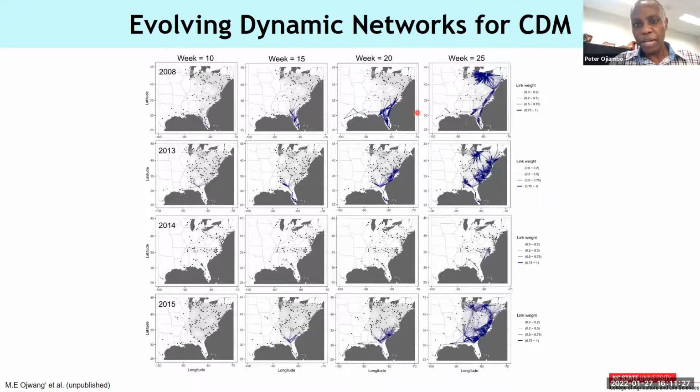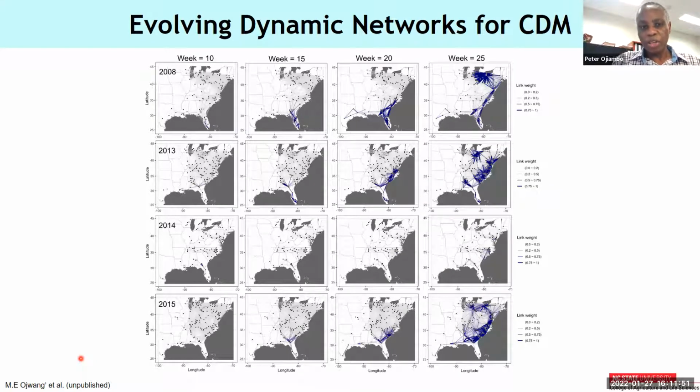So there's a little bit of variability. For example, in 2008 and 2014, there's very little happening compared to, say, 2015, where the probability was much higher. So this particular data set, where you have the longitude and latitude on the axes, helps us better visualize how the network of downy mildew looks and how it's changing both in time and space.